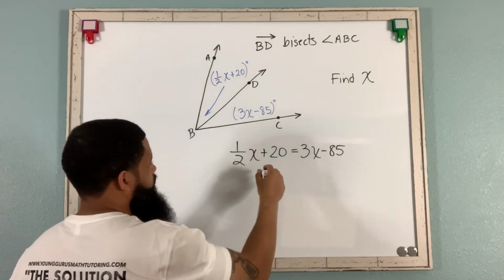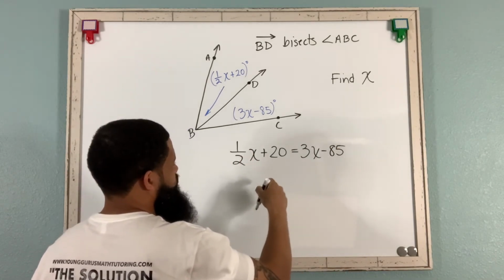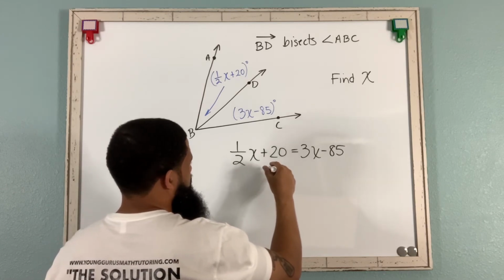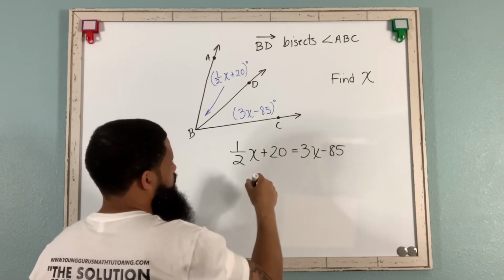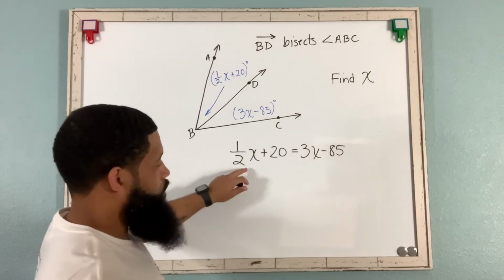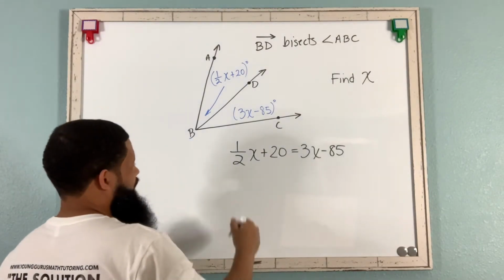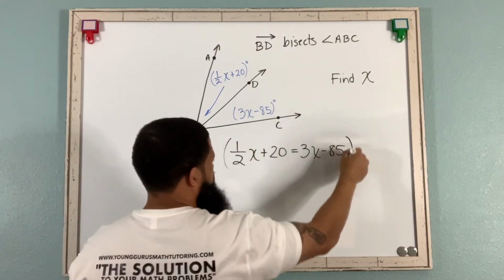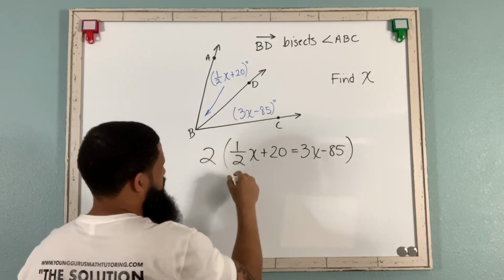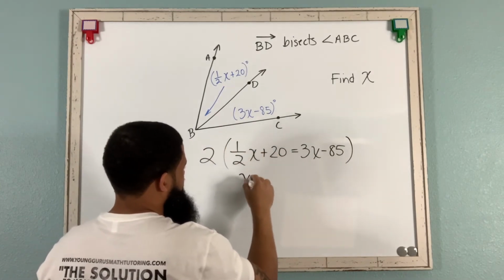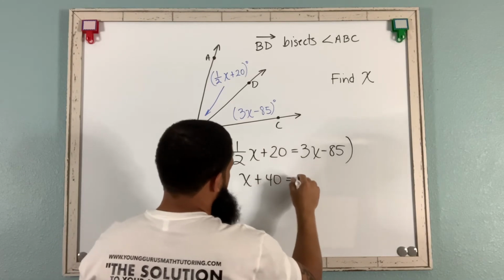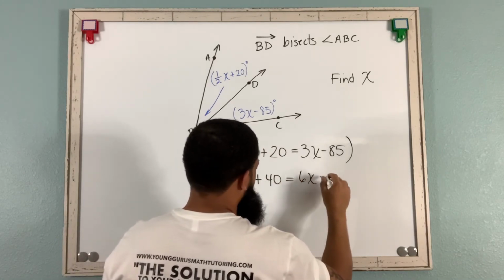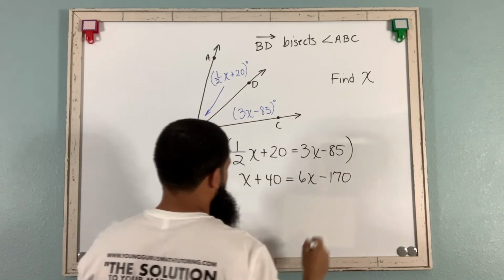This is going to be an interesting one. We want to get rid of this 1/2 x, so I can multiply everything by 2. Let's try a different route. Now I have x plus 40 is equal to 6x minus 170.